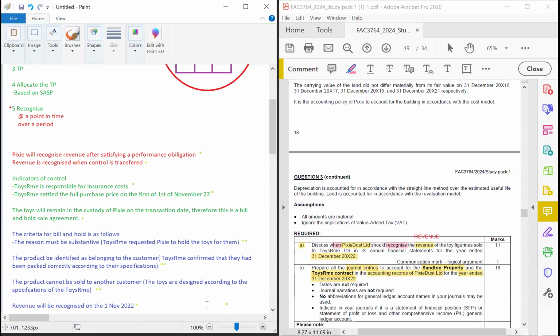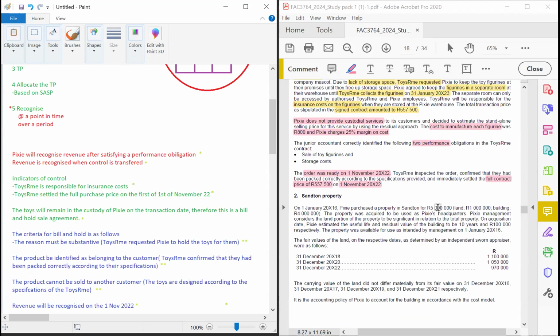So should the examiner be stingy on certain points here, they are more than welcome to deduct 3 points from us. We would still excel in this question. If they decide to give us 1 mark for each, we would have gotten 10 out of 11, which is essentially 90 something percent. So we have passed this question without wasting a lot of time writing, and you have stated all the relevant points that are definitely going to be in the memo, right?